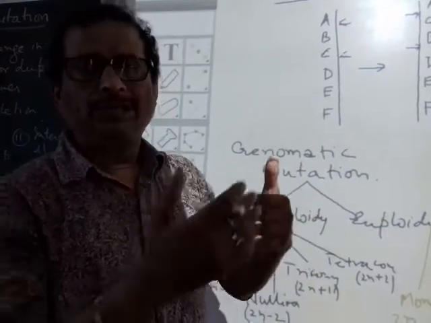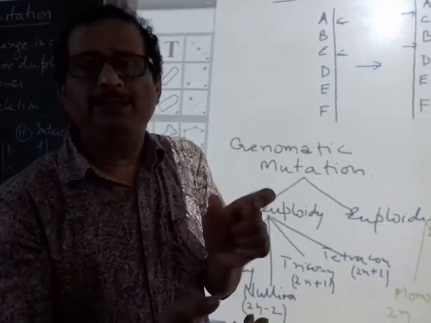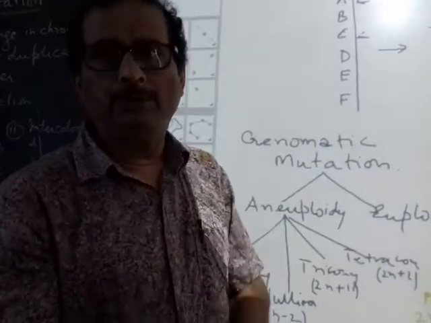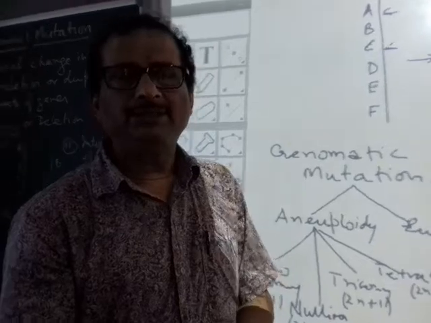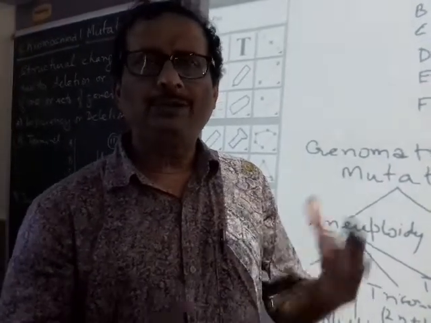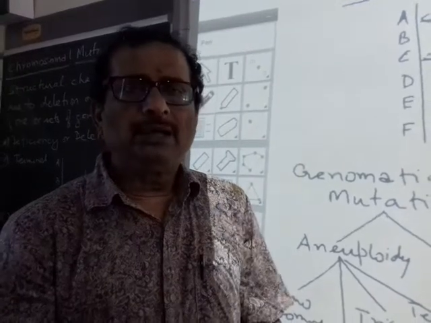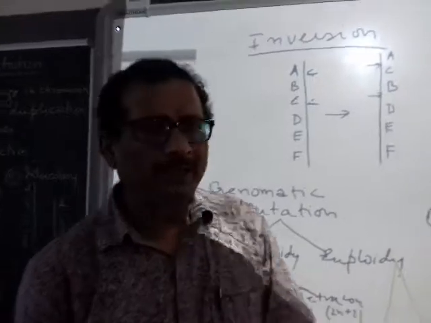But if you mix two types of genes, suppose AB and double it, so it becomes AABB. So two different sets of genes multiplied, then we call it an allopolyploid. This is also done for certain genetic interest in plants to get some new quality in the plants. So this is the chapter on mutation that we have finished.